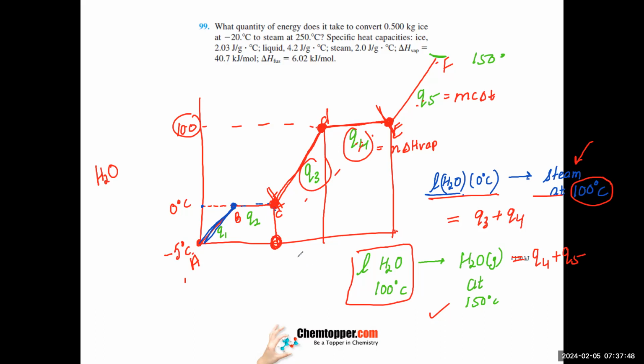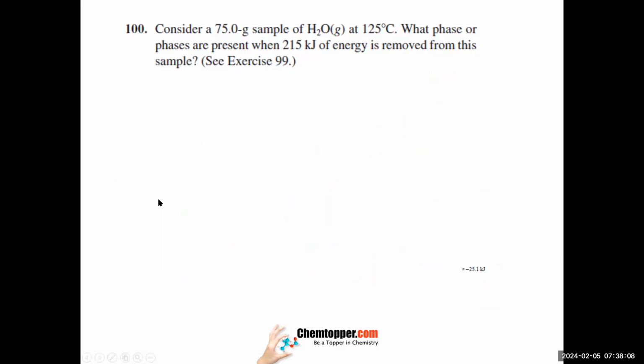Starting from here, this is heat added. So are we clear about it? Okay, children. So the heating and the cooling curves is the last topic. There are plenty of questions based on it. Now this question, I'm not going to do it. I'll explain you how to do it.